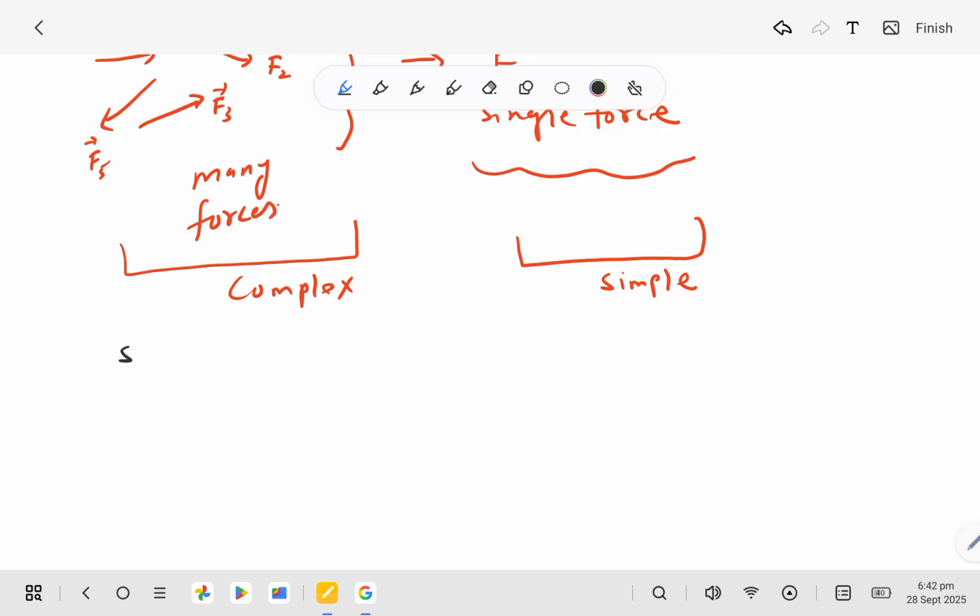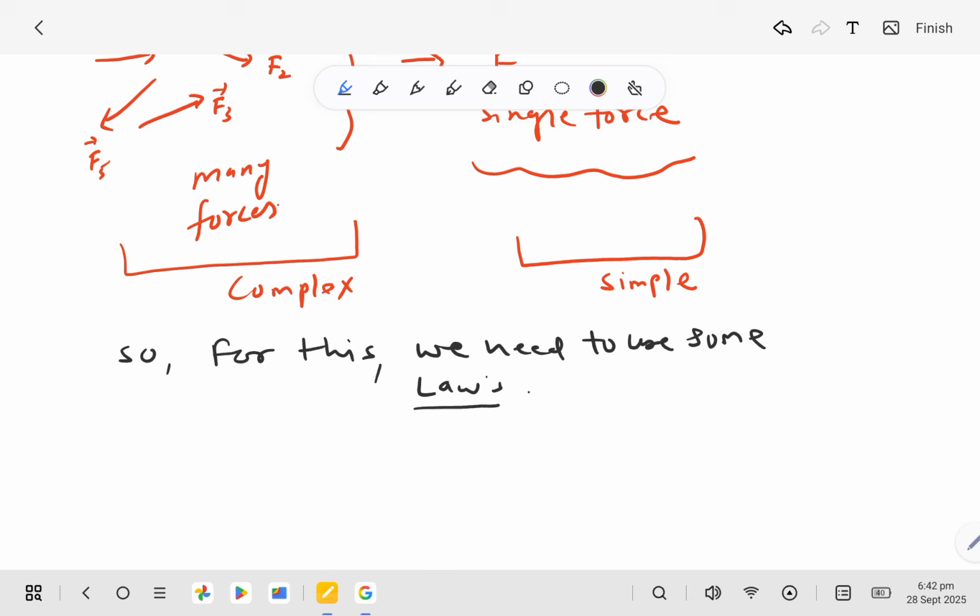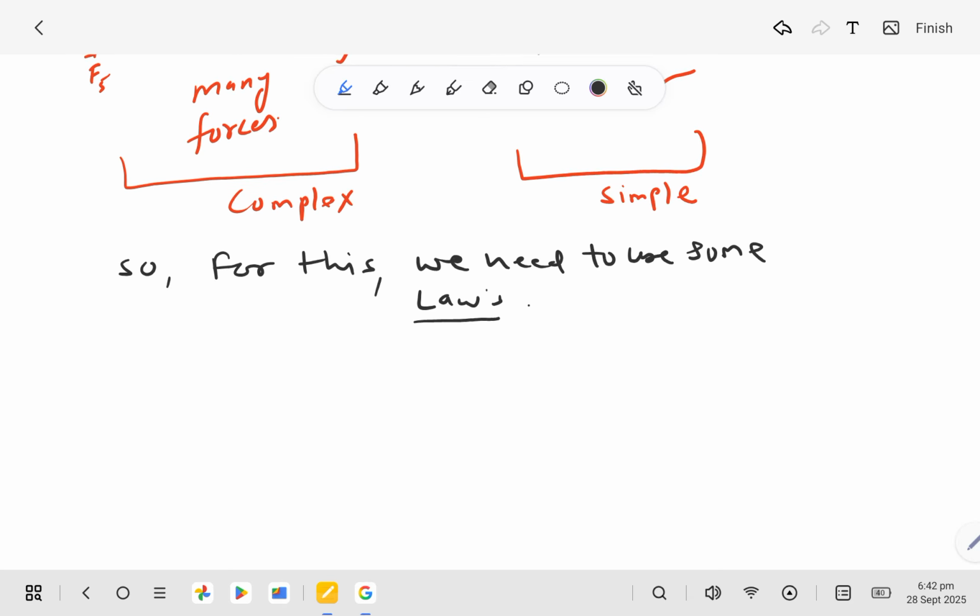So for this we need to use some laws. Okay, so it is not easy to simplify this problem, or we cannot convert directly any complex group of forces into a single force.